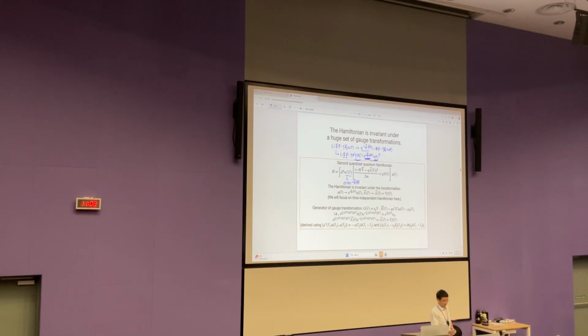But this is a huge set of gauge transformations because f is a function of r. I can take any function of r to do the gauge transformation. This is kind of different from the previous symmetry transformations we considered. For a symmetry transformation, we just have a single parameter to parameterize it. For example, previously when we talked about translation, we just have this single parameter to parameterize the translation, right? When we talk about rotation, we basically just have a few parameters.